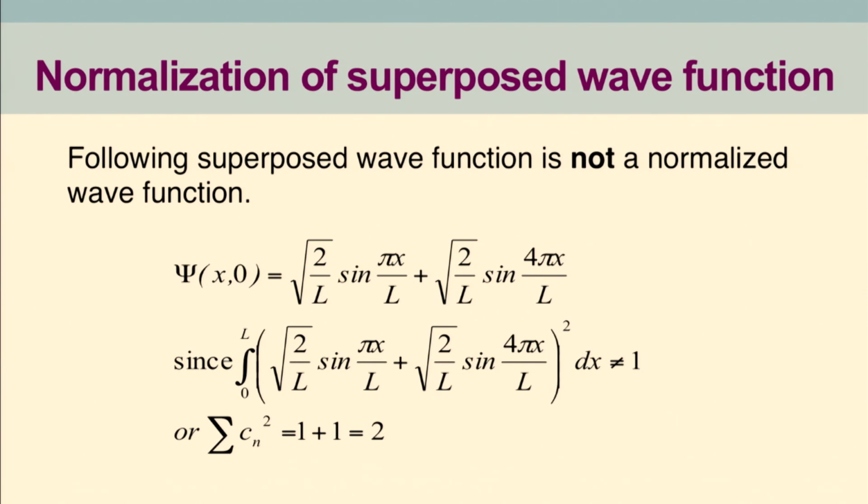You can evaluate this integration which I have written here. So this is apparently not a normalized wave function, but we always have to work with a normalized wave function, which is a better way to proceed.